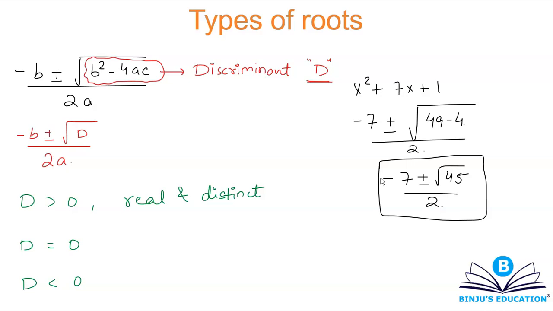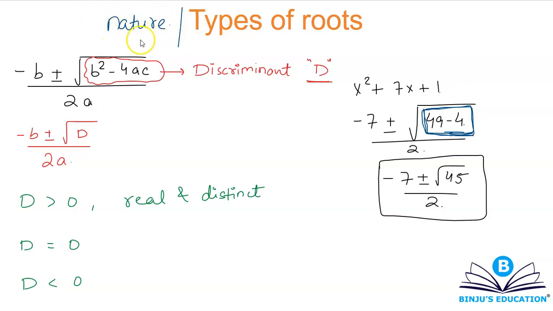So whenever your discriminant is greater than 0, and you can see it for yourself that 49 minus 4 is greater than 0. If someone asks you the nature of the roots, just by calculating, you can say this topic is also called the nature of the roots.